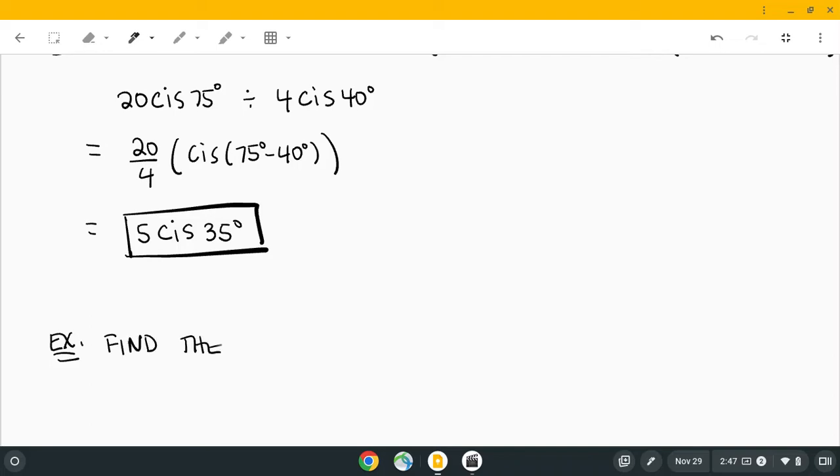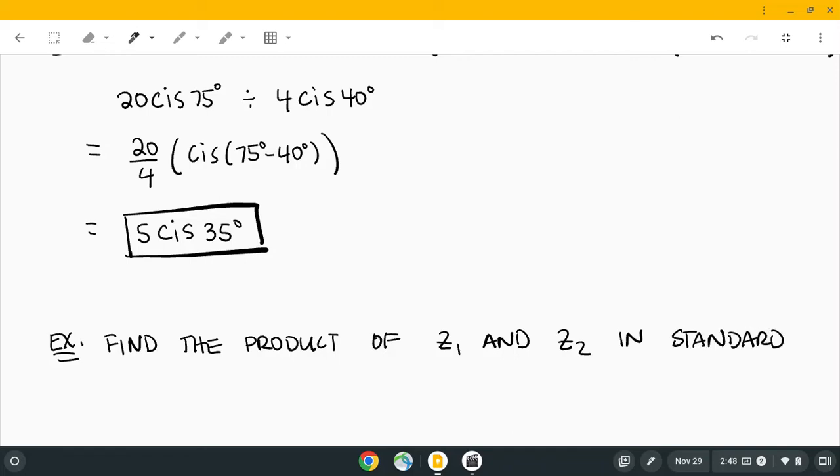Find the product of Z1 and Z2 in standard form. So we looked at this in the previous section, I think it was, in standard form, I think 8.1.